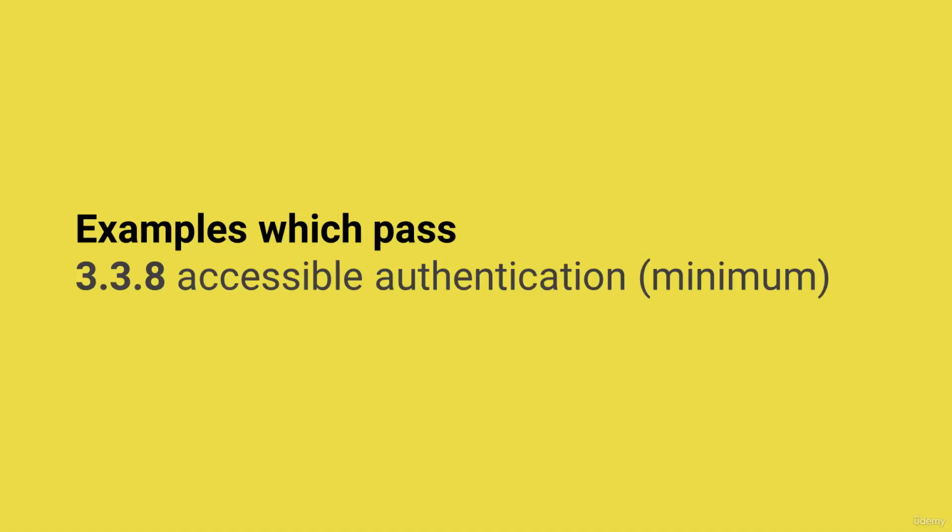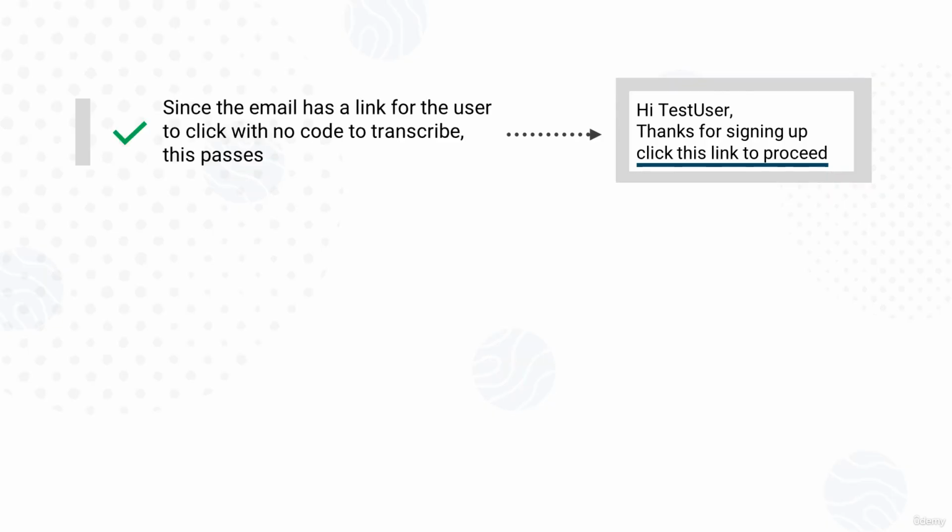So what exactly does passing this success criterion look like? A user is authenticated via an email sent to their email address, which has a temporary URL. Since the email has a link for the user to click, the user doesn't have to remember or transcribe a code. This passes.